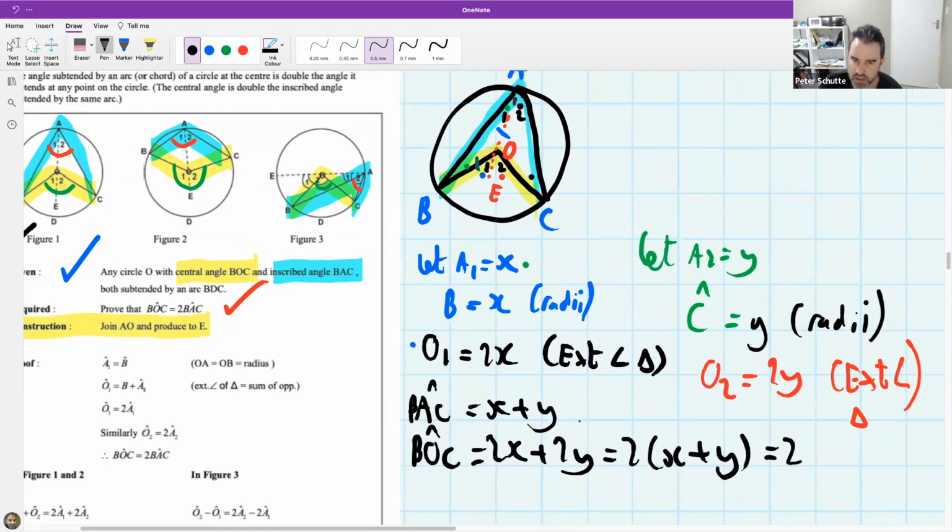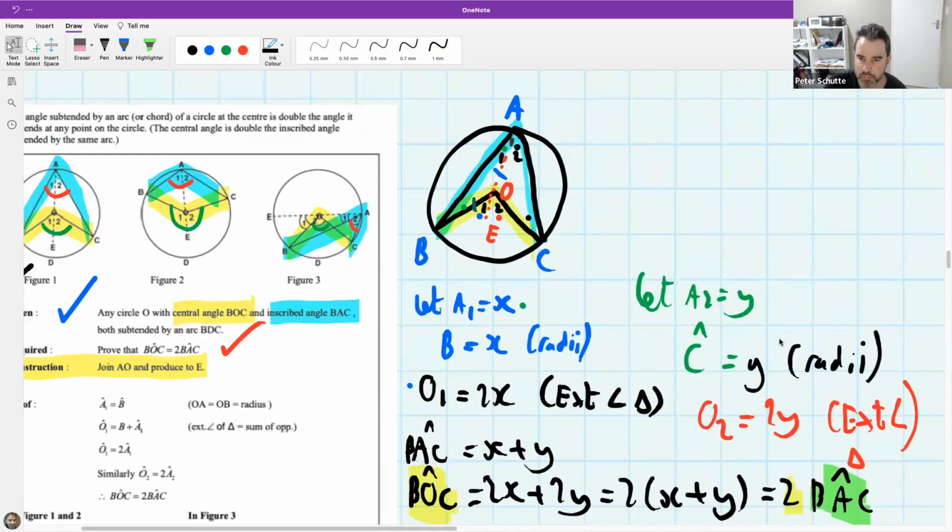But we know that x plus y is just BAC, which we got up here. So now we have shown that angle BOC is equal to twice angle BAC, and that's the whole theorem.